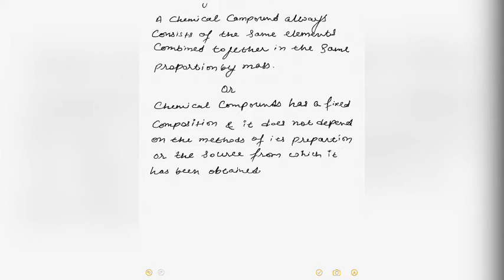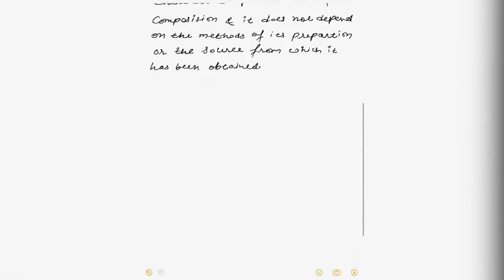So this law covers majorly 2 points. First one, in a chemical compound they always contain a fixed proportion of their constituent elements. Second one, whatever the source of obtaining hydrogen, its proportion remains constant by mass. Let's take an example. Water has the formula H2O.